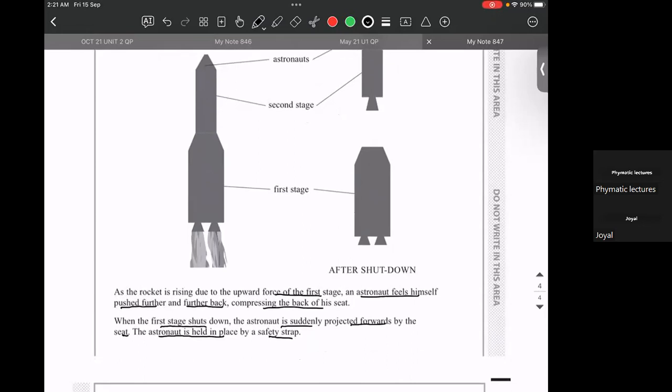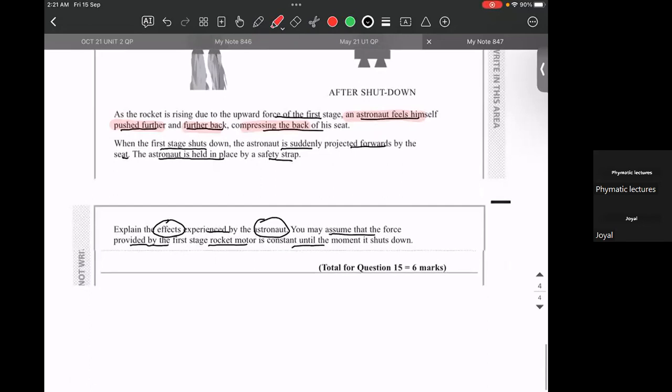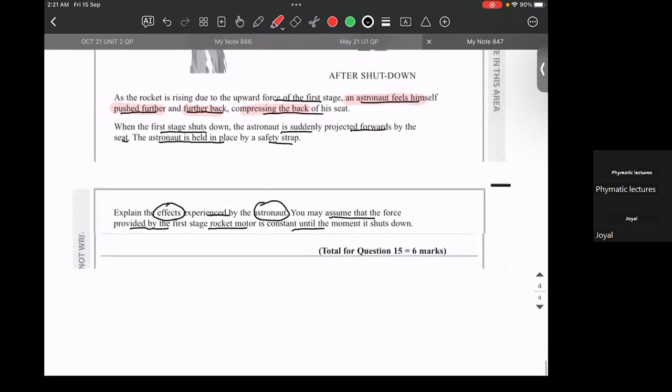As the rocket is rising due to the upward force of the first stage, an astronaut feels himself pushed further and further back, compressing the back of his seat. Explain the effects experienced by the astronaut.